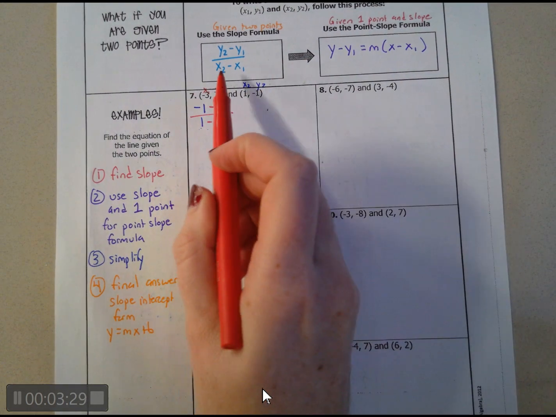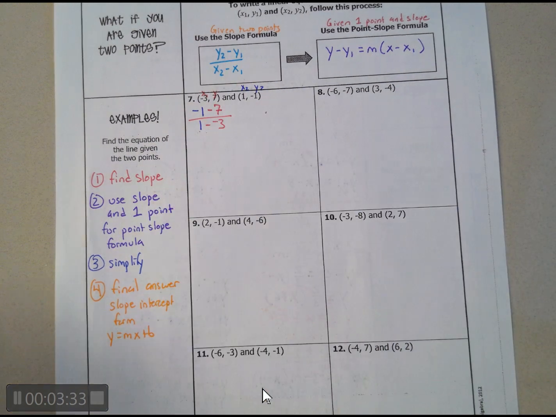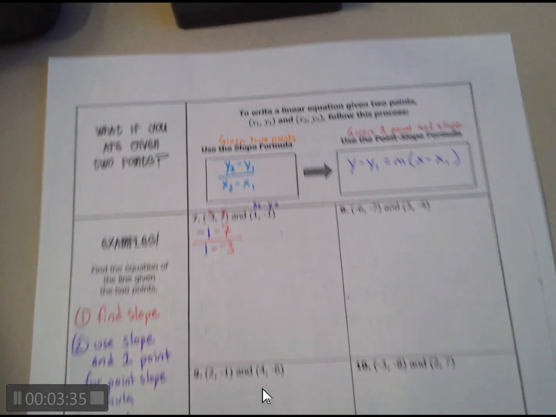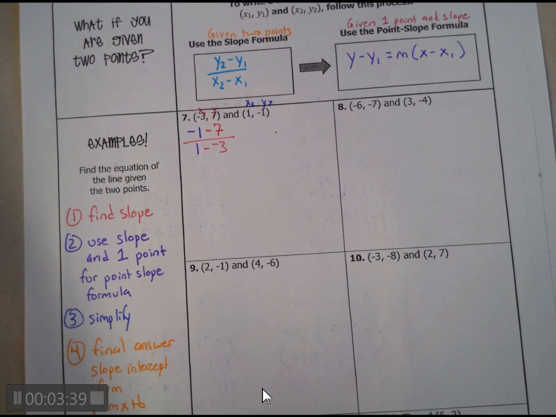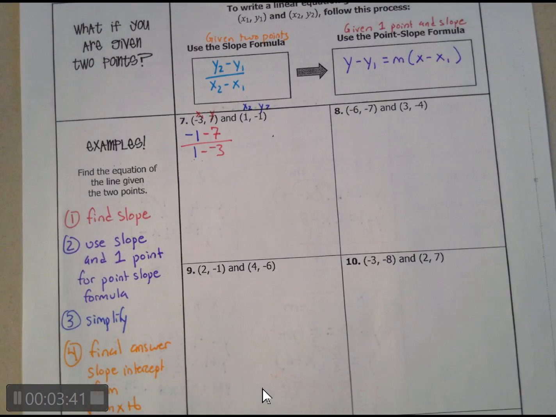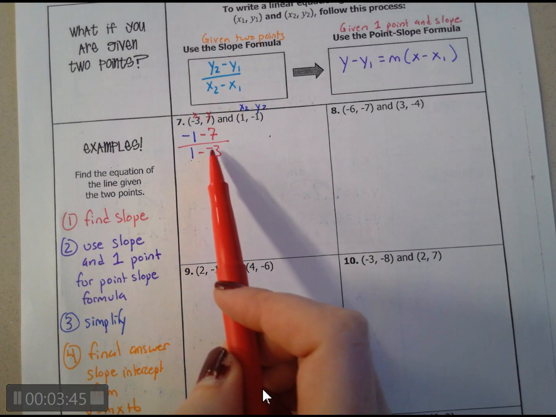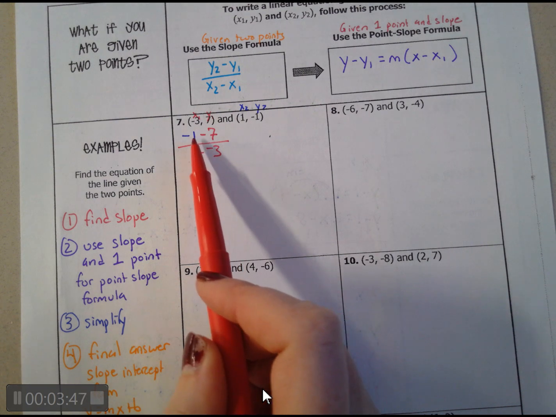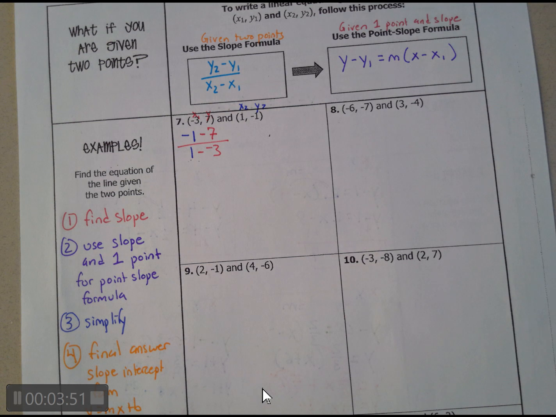So remember, our minuses are always there because that's what's in our formula. Let me zoom in a little bit more. There we go. Okay, so our minuses are always there because they're in our formula. This second minus right here, this negative, came because we have a -3. All right? Okay, so then we can simplify this.